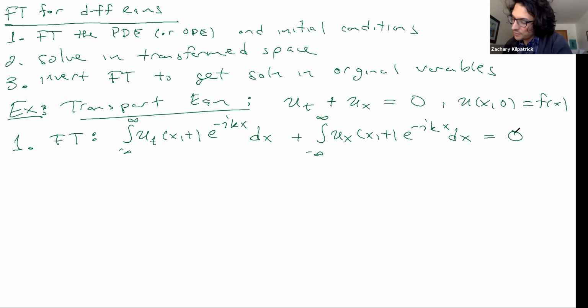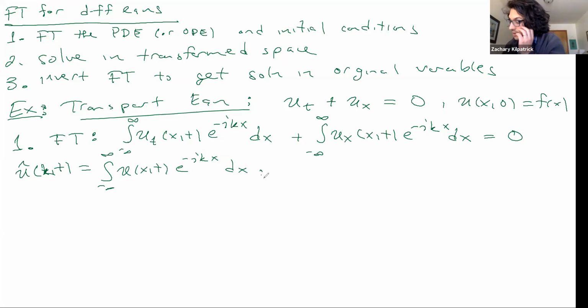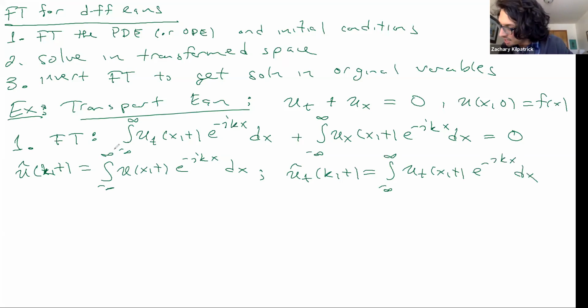If I define u hat of k, t as the integral from minus infinity to infinity of u e to the minus ikx dx, then u hat sub t of k, t is just equal to the integral of u sub t e to the minus ikx dx. So the time derivative of the Fourier transform of u is the same as the Fourier transform of the time derivative of u, assuming appropriate continuity and boundaries.